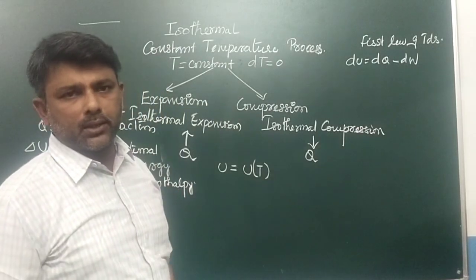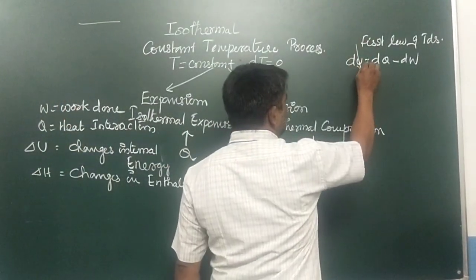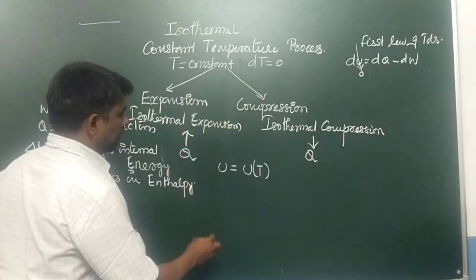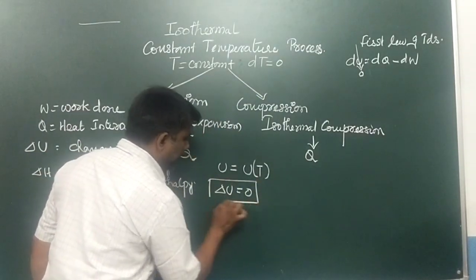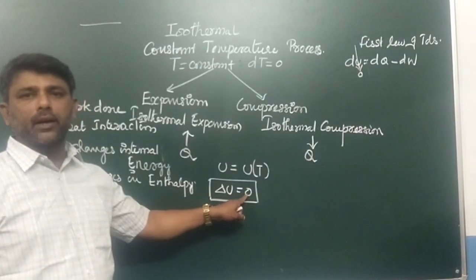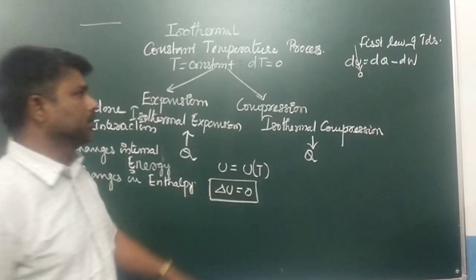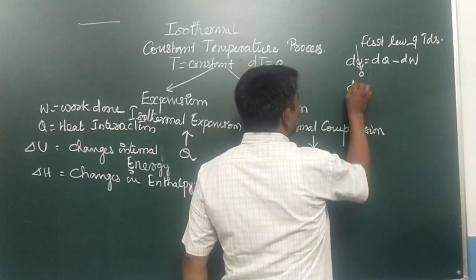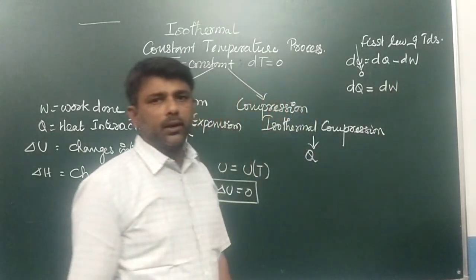Since temperature is constant, there is no change in internal energy. Changes in internal energy is equal to 0 for an ideal gas under constant temperature or isothermal process. Since it is 0, dQ is equal to dW.